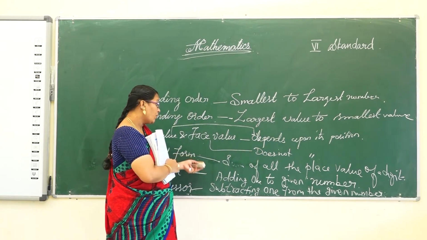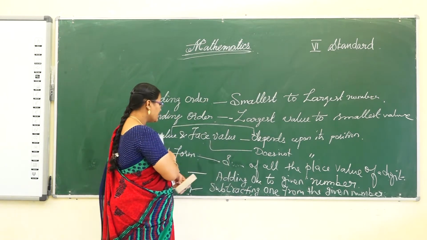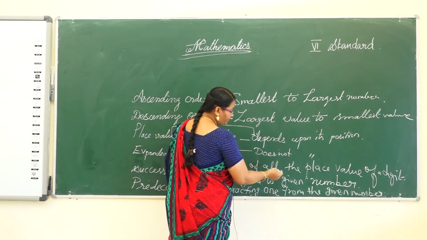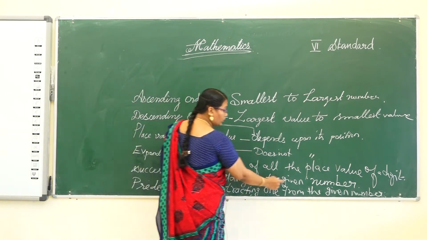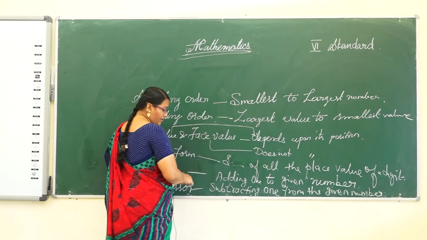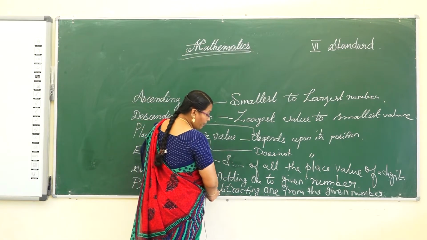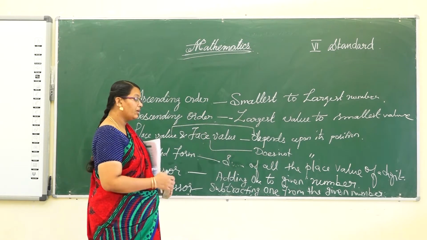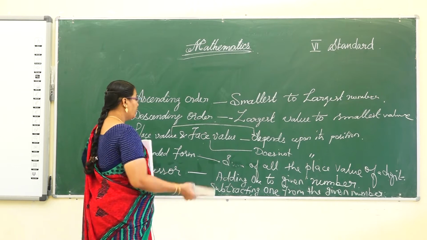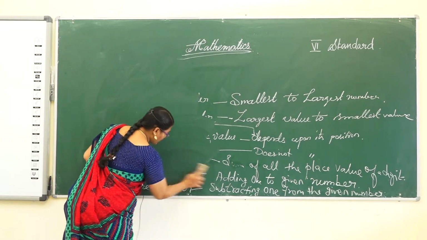Expanded form is the sum of all the place values of a digit. Successor is obtained by adding 1 to the given number. And predecessor is obtained by subtracting 1 from the given number. I hope you understood the previous class.